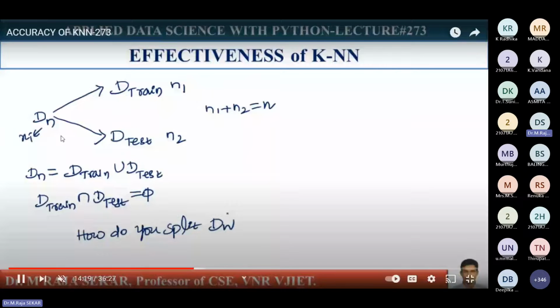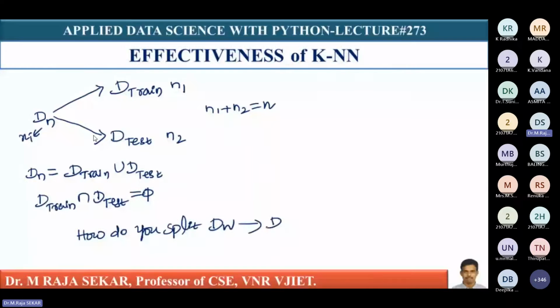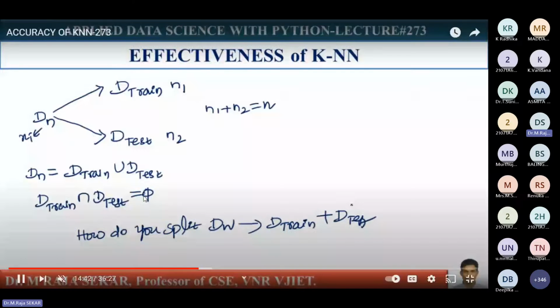For the sake of convenience, I am converting this Dn into DTrain and DTest. In DTrain, I have n1 data points, and DTest has n2 data points. n1 plus n2 is n, the size of the entire data set. That is, Dn equals DTrain union DTest. This is a non-overlapping split, so the intersection is the empty set. How do you split into training and testing? There's random sampling.